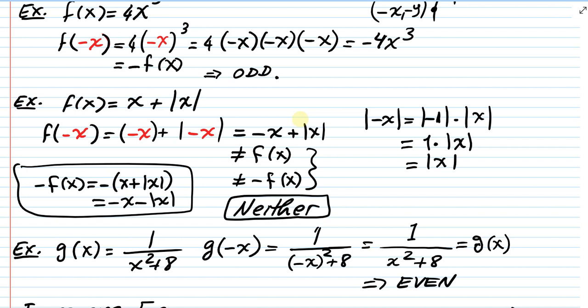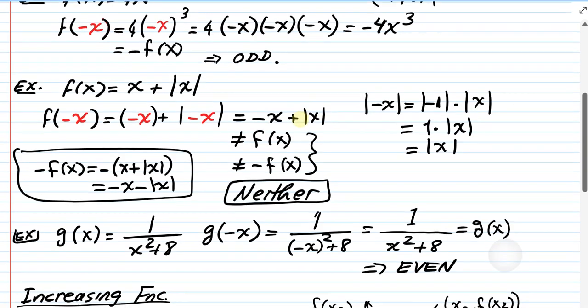All right, and the last example I have is g of x equals 1 over x squared plus 8. Changing x to negative x, negative x squared in the denominator is, of course, the same as x squared. Therefore, I did get the original function, and the function must be even.